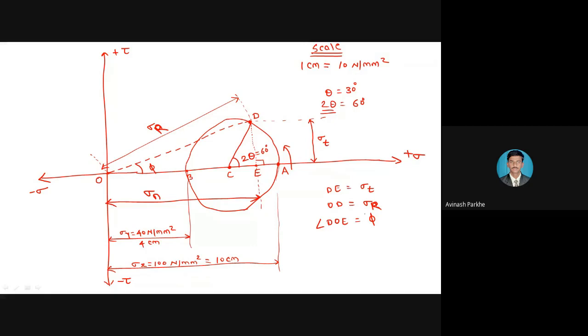Then OD, inclined distance OD, is called as a sigma R. And you will get one angle. Angle DOE is represented by phi. OE is equal to sigma N. So these are the distances we have calculated. Now we have to measure all the dimensions and find out the unknown parameters.